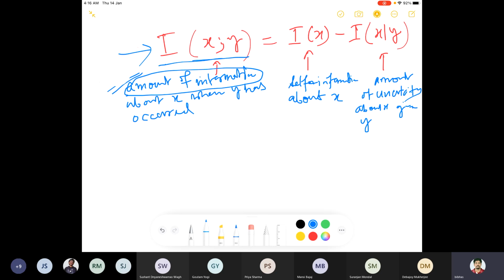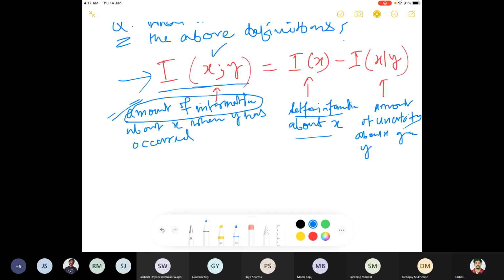This is the same as the self information about x, which you can think of as the amount of surprise that x has occurred. Because we have additional information that y has occurred, this is the same as taking this self information and subtracting the amount of uncertainty, or conditional information, when you know that y has occurred.